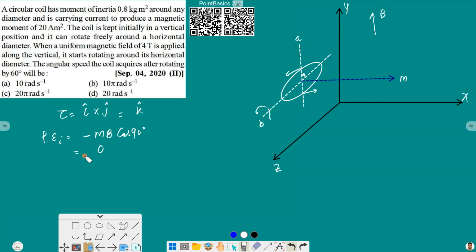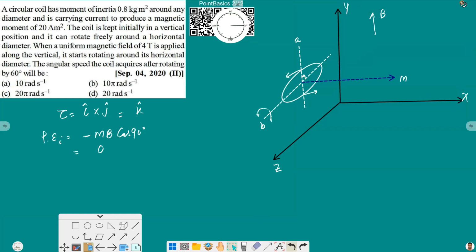Now what happens, this coil rotates by 60 degrees. Now if this coil rotates by 60 degrees, let me try to show you the rotation. So suppose I rotate it. Here it is. Okay, axes are also getting rotated.